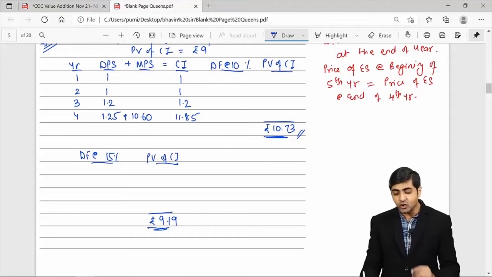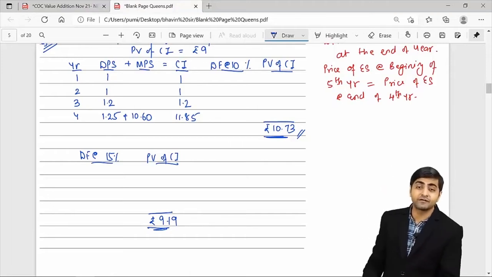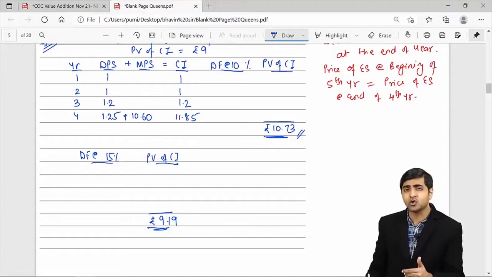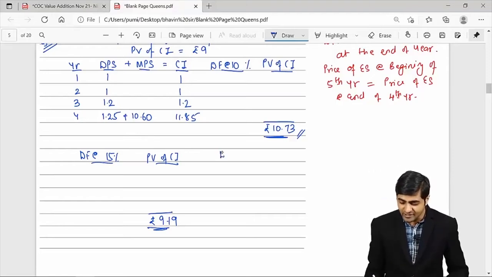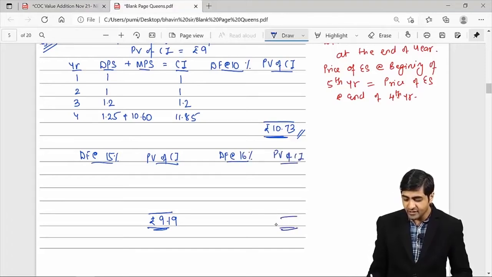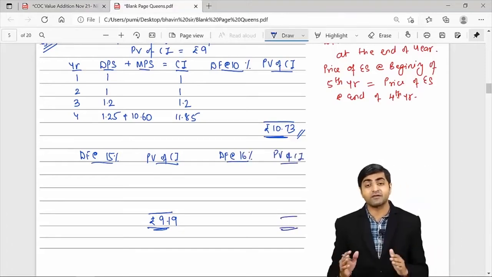So now we are very close to your present value of cash inflow of rupees 9, but still we have not reached the target, but we are very close to your 9 rupees, which should be your PV of CI equal to PV of CO. So now let us try this particular discounting factor at the rate of 16% and let us see what is going to be your PV of CI. So then we can use the concept of interpolation.